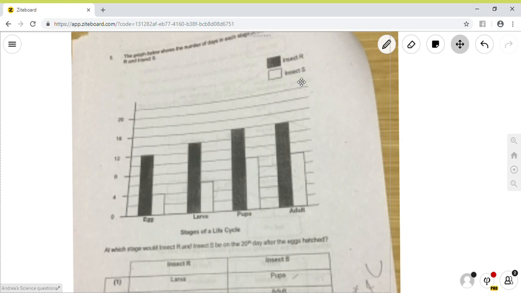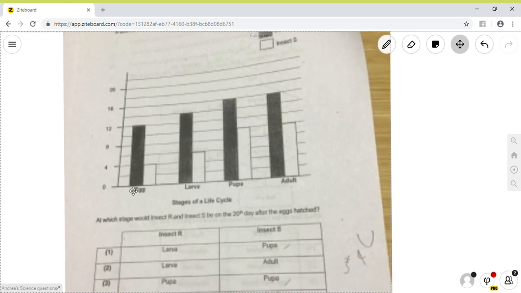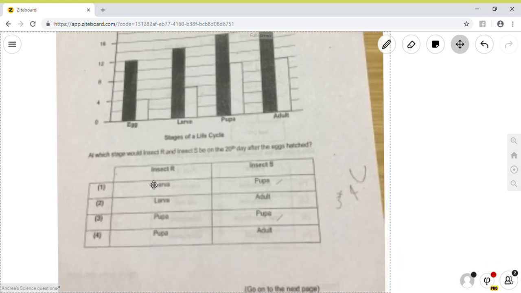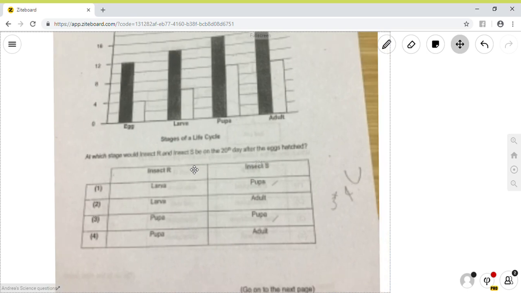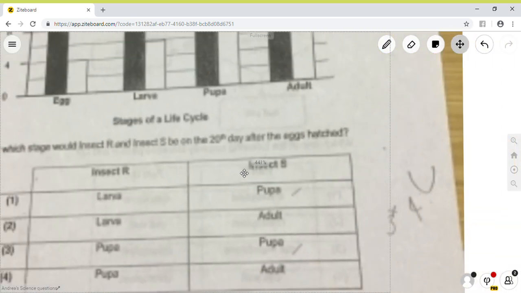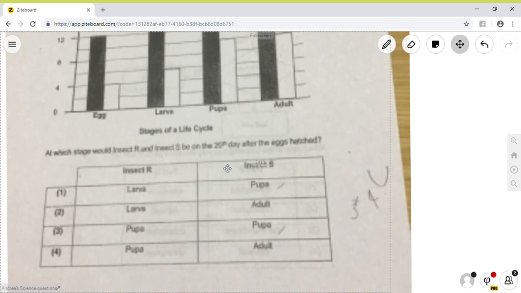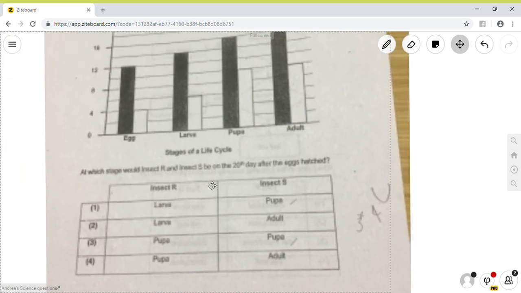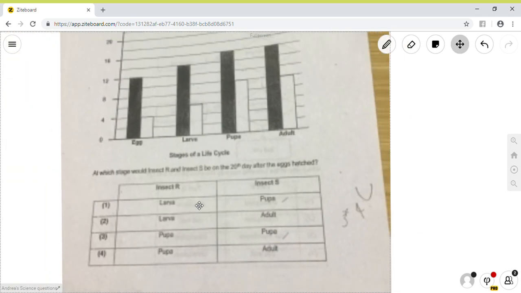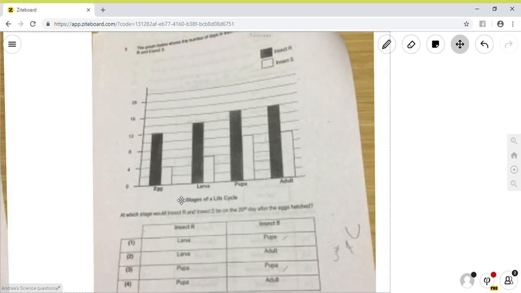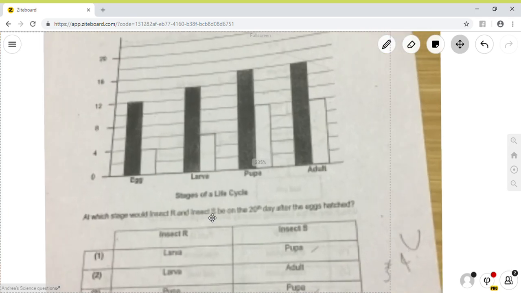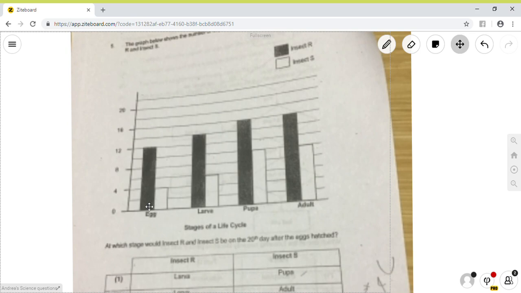Okay, R and S. So at which stage would insect R and S be on the 20th day? You gotta count the 20th day after the eggs hatch.